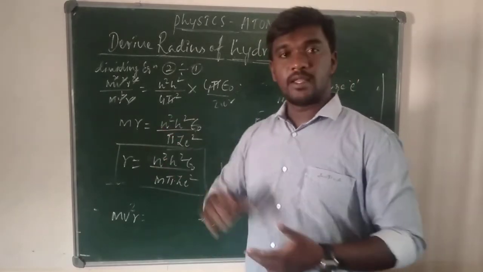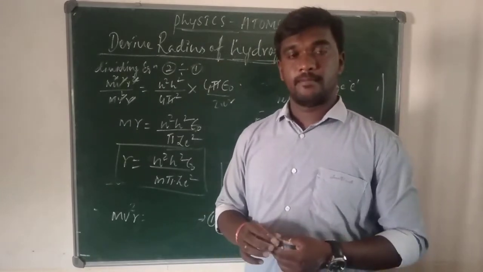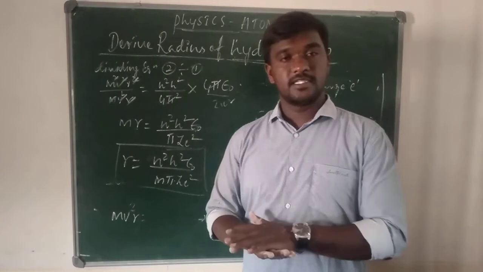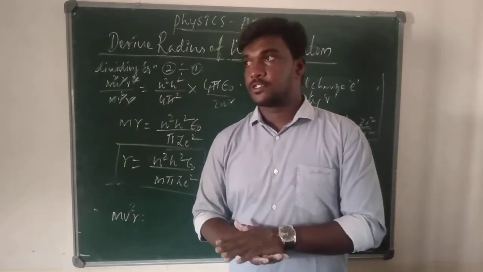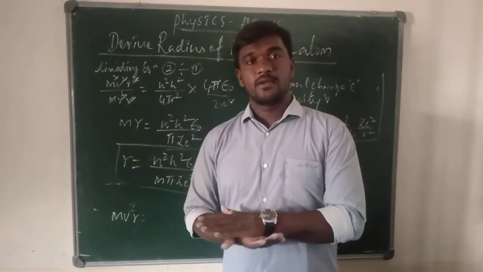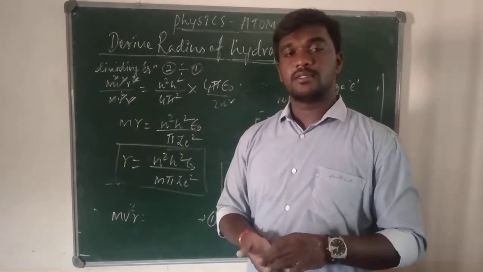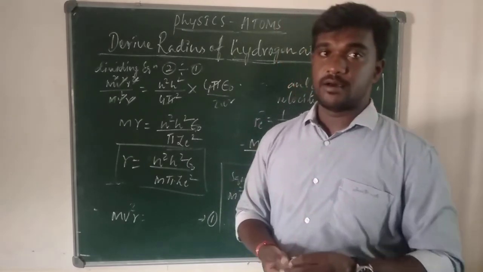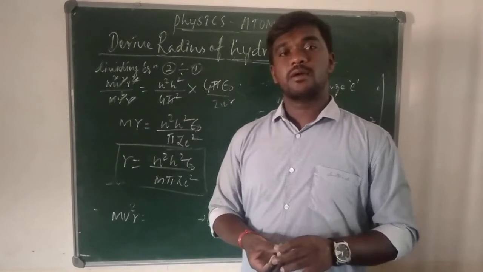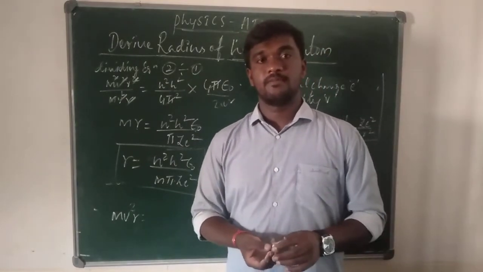Let us quickly recall the entire topic. First we discussed the Rutherford atomic model. According to the first postulate, every atom consists of a central core, the nucleus, where the positive charge and entire mass are concentrated, and the size of the nucleus, of order 10 to the power of minus 15, is very small compared to the size of the atom, of order 10 to the power of minus 10 meters.